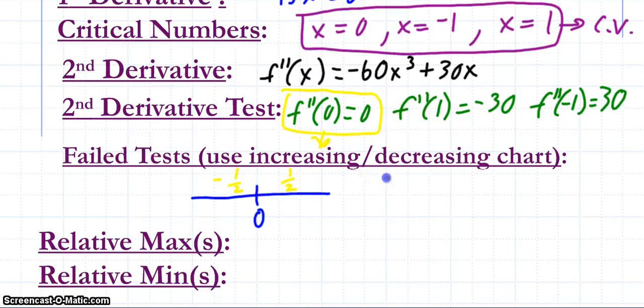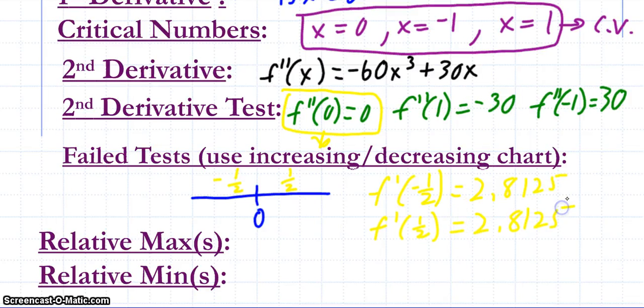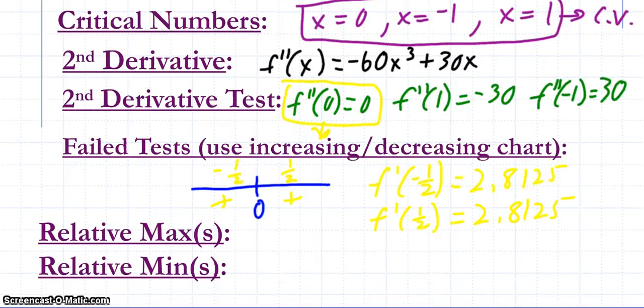So then I know f prime of negative 1/2 comes out to be 2.8125. And f prime of 1/2 is the same thing, 2.8125. So those are both positive. Therefore, at 0, it is neither a maximum or a minimum because there was no sign change.